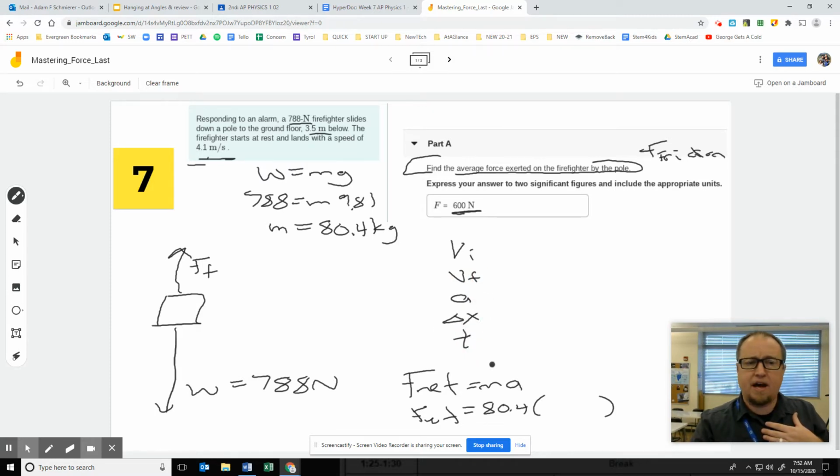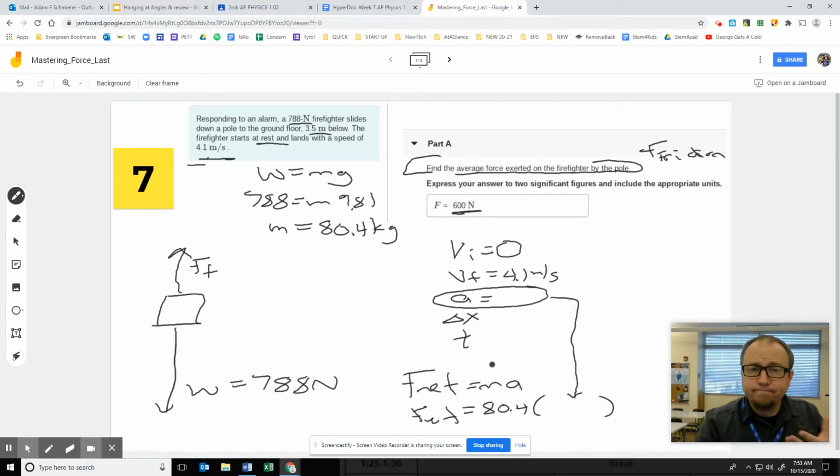We've got initial velocity, starts at rest, is 0. Final velocity, 4.1 meters per second. Acceleration, we really want that, because as soon as we find it, we can plug it in. How far? 3.5 meters. Time?